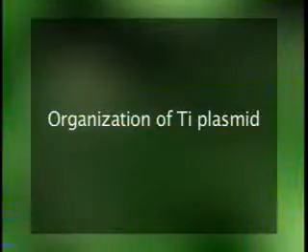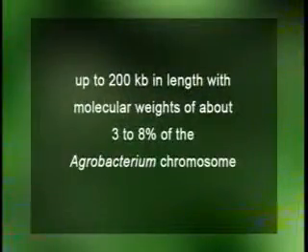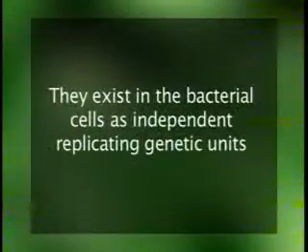Now, organization of the Ti plasmid. Ti plasmids of Agrobacterium are large circular DNA molecules up to 200 kb in length, with molecular weights of about 3 to 8% of the Agrobacterium chromosome. They exist in the bacterial cells as independent replicating genetic units.